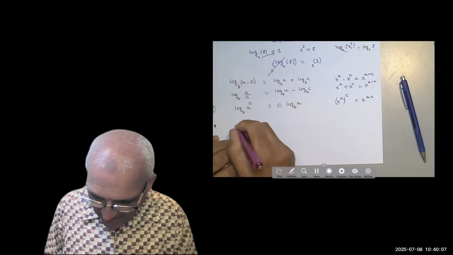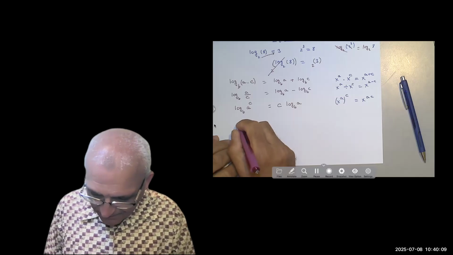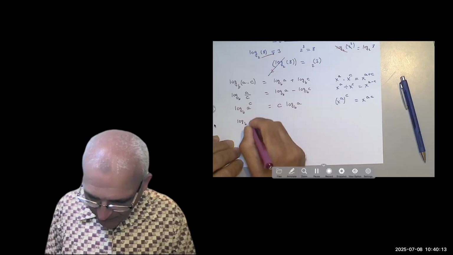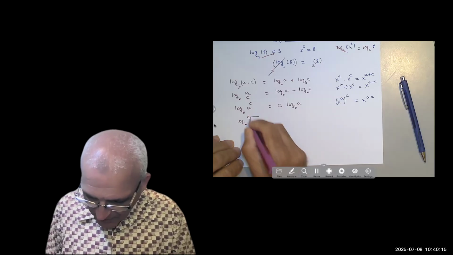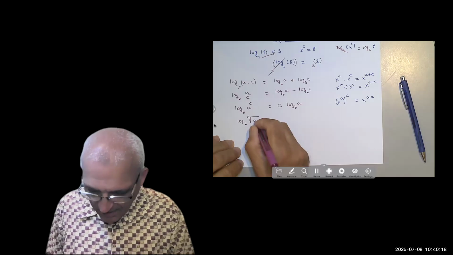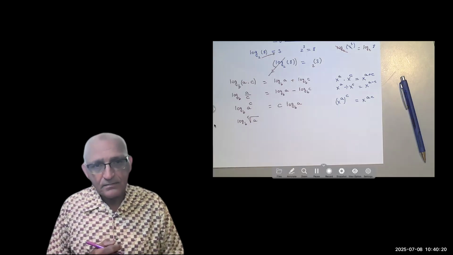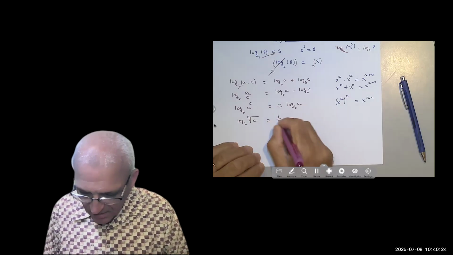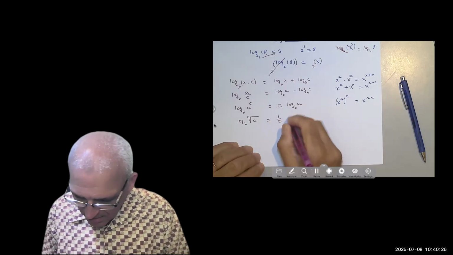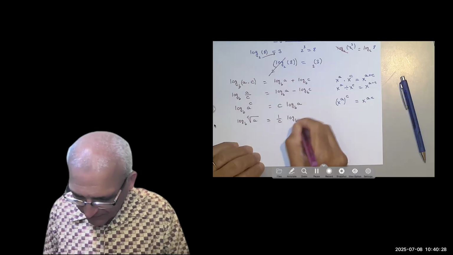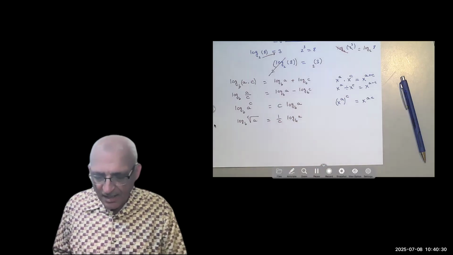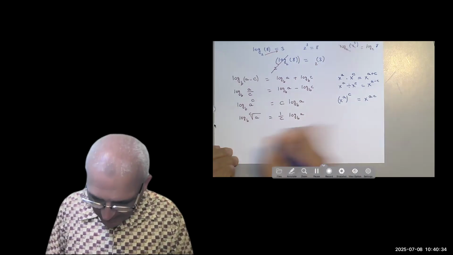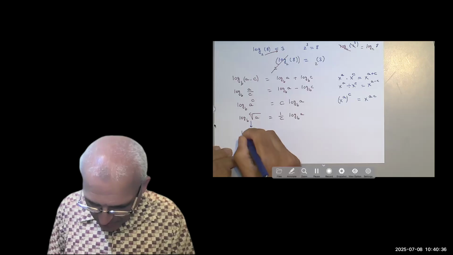And if I say log to the base b of the c's root of a, that becomes 1 over c times log to the base b of a. Why? Because notice that we were able to write this as log to the base b.